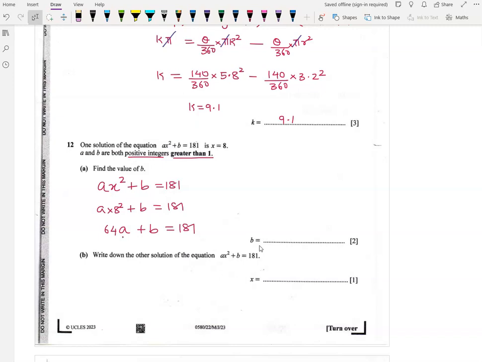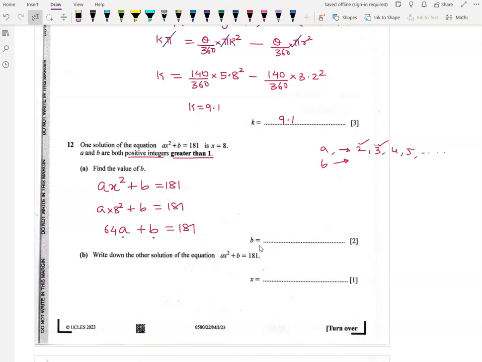Okay, now what can be the values of a and b? The values of a and b can be positive integers greater than 1, so it can be 2, 3, 4, 5 and so on. Okay. Now suppose I take value of a as 2. So 64 times 2 is 128 and the remaining is b. It is possible.